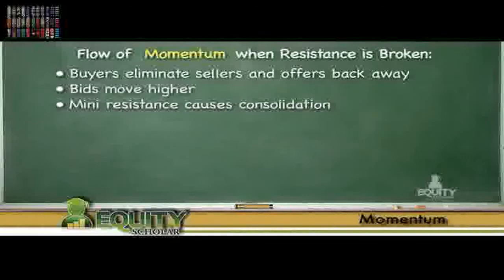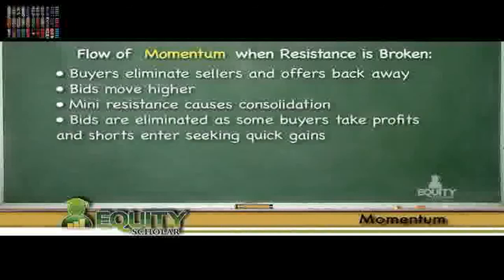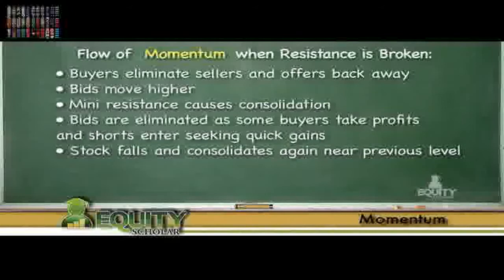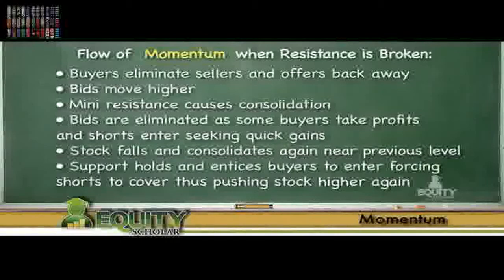Eventually, a breakback down occurs when bids are aggressively taken out by some buyers taking profits, as well as some shorts looking for quick gains. Then the stock consolidates once again at the previous level of resistance, which is now support. This consequently sends the stock back up again as new buyers identify the technical level, forcing shorts to cover.